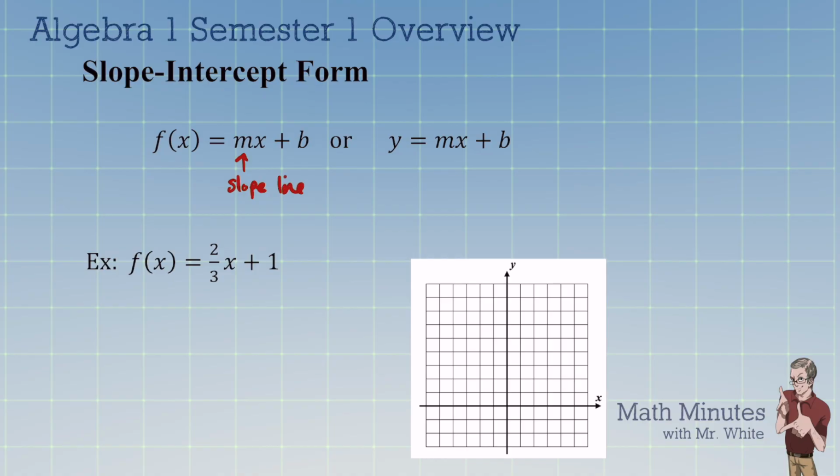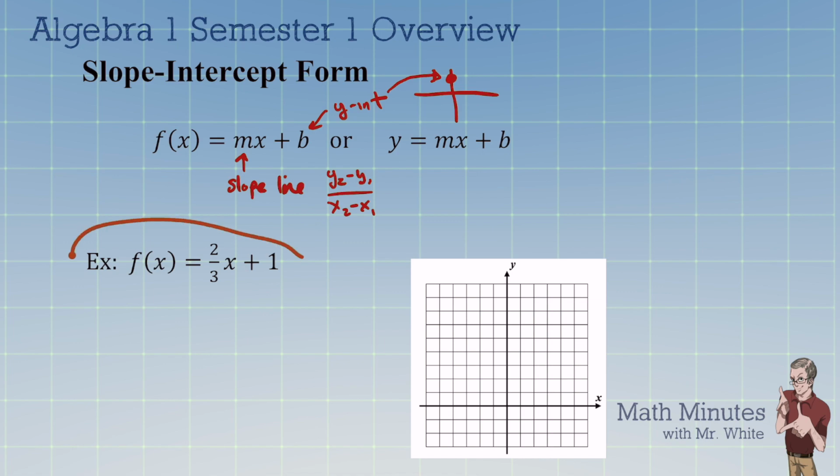Slope is the change in y, y2 minus y1, all over the change in x, x2 minus x1. And the b value is the y-intercept of the line, where the line hits the y-axis. So that's kind of like a freebie point when you're in y equals mx plus b form.